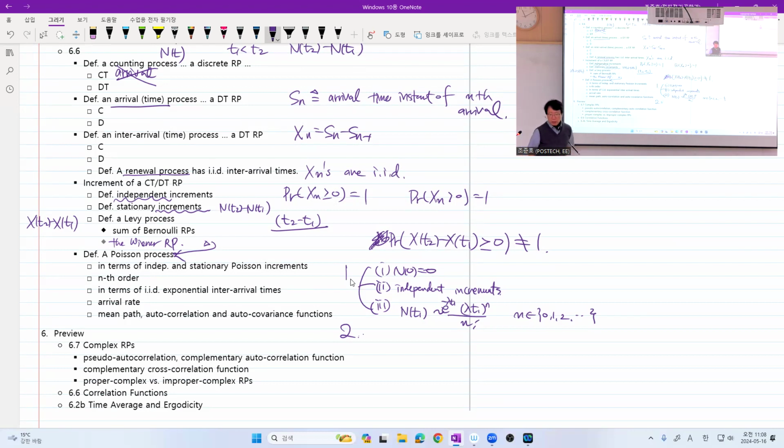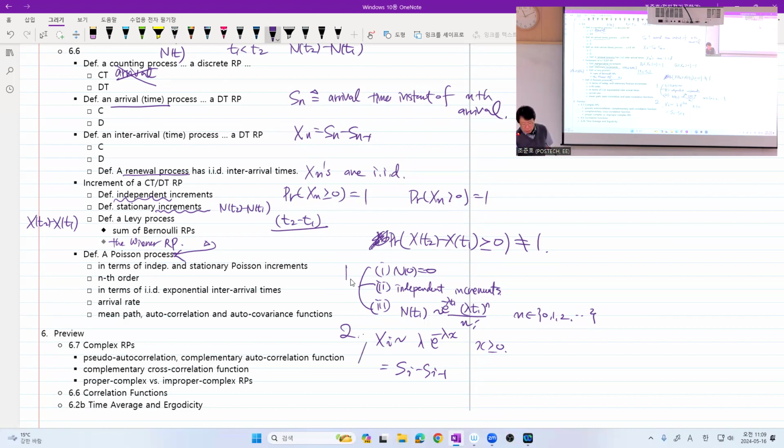The second one is that the inter-arrival process is an exponential random variable. So we have the inter-arrival time defined as S sub i minus S sub i minus 1 follows the exponential random variable.